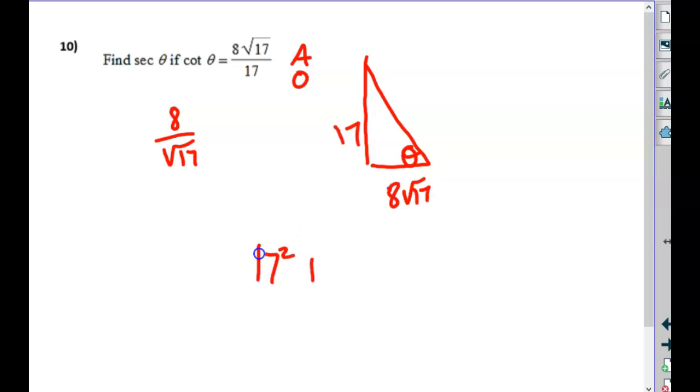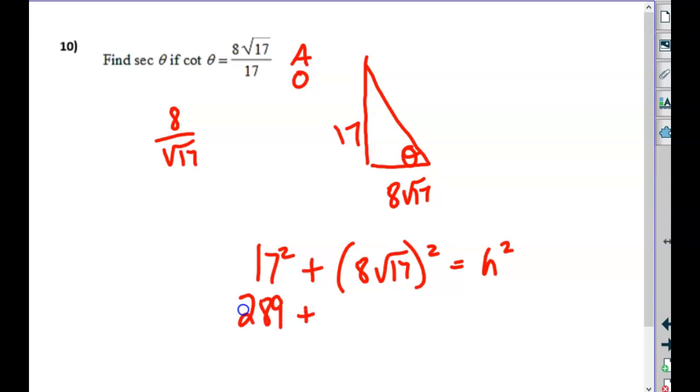If I go to do Pythagorean theorem, this is 289. This is 8 squared, which is 64, times the square root of 17 squared, which is just 17, right? How am I doing? So far I haven't messed it up. So what's 64 times 17 plus 289? 64 times 17 is 1088 plus 289, 1377.